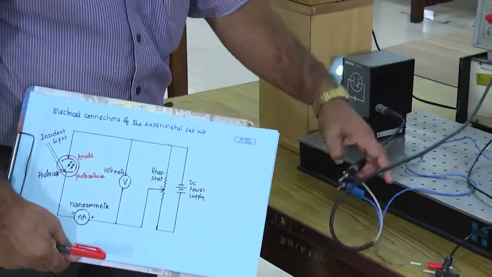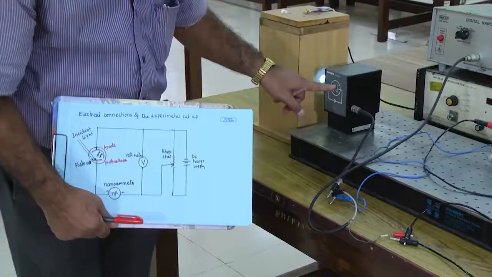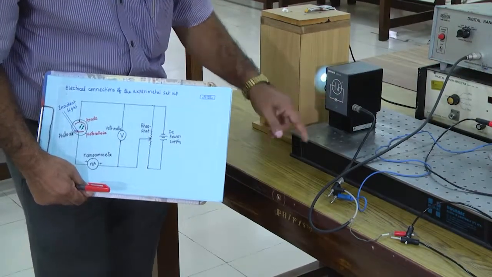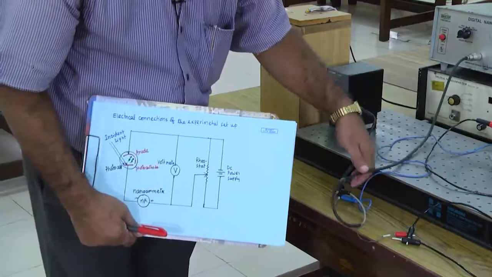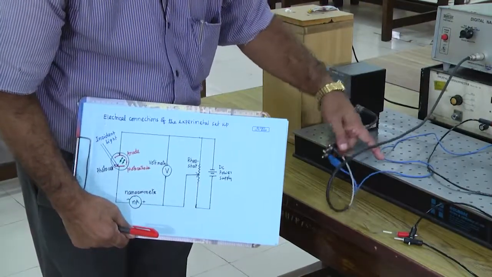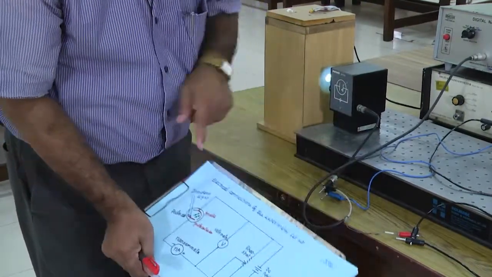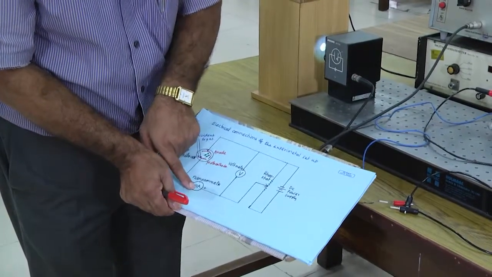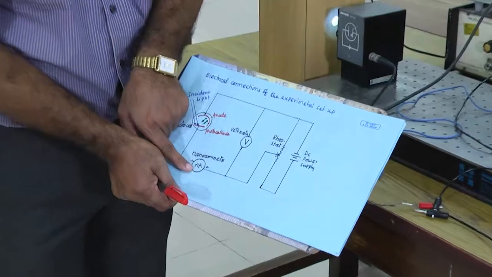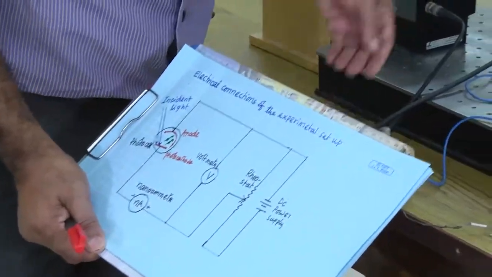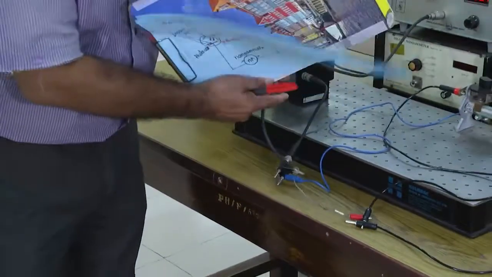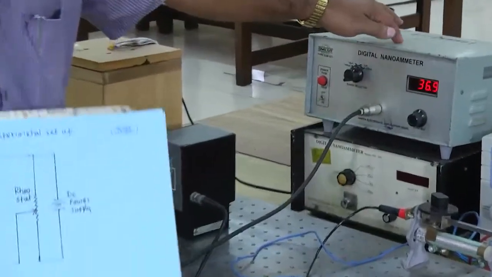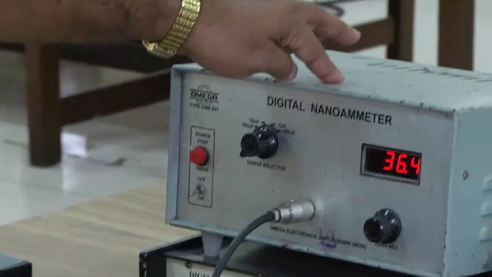From inside, these two ends are coming out here. One of them is going towards the nano ammeter. This is the nano ammeter.